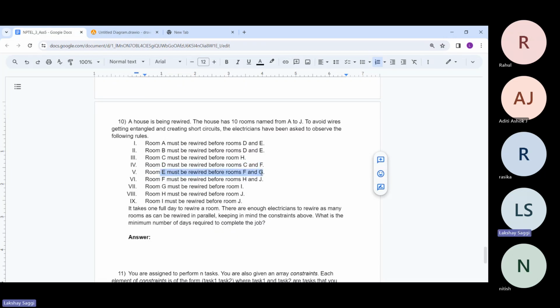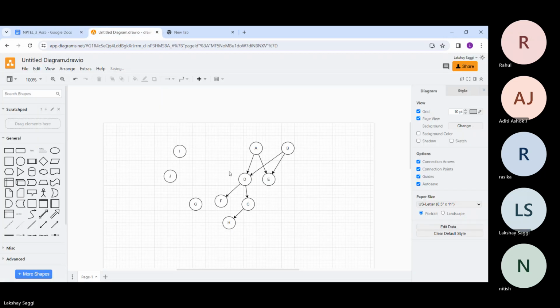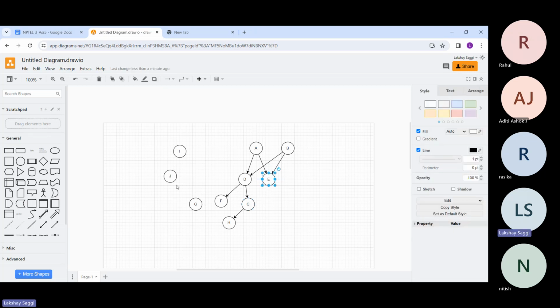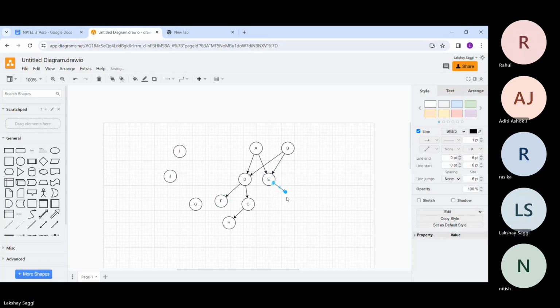And now E must be rewired before F and G. So we add an arrow here from E to F. And similarly, E must be rewired before G.